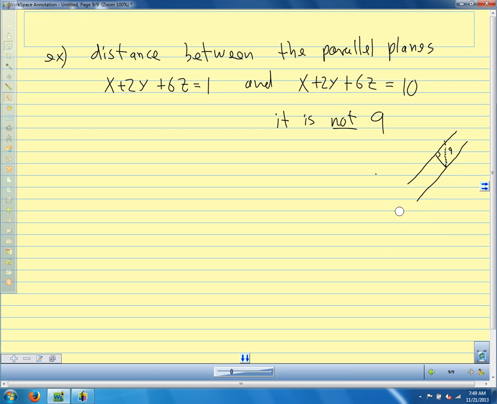So how are we going to solve this problem? Jacob says, find a point in one of the planes. So we're going to find a point in one plane. Well, now our problem is reduced, just like we like to talk about, into one we've solved before. We just find a point in one of the planes, and we find the distance from that point to the other plane.